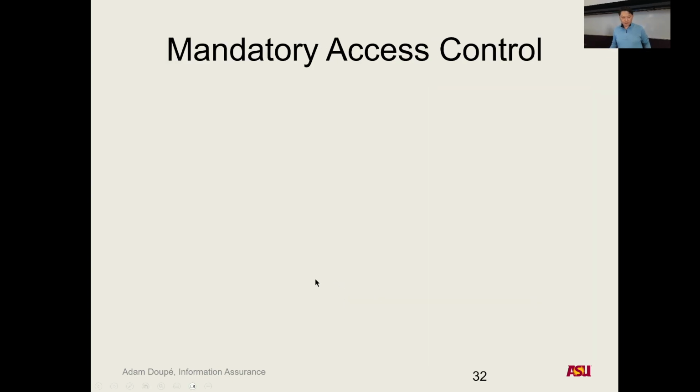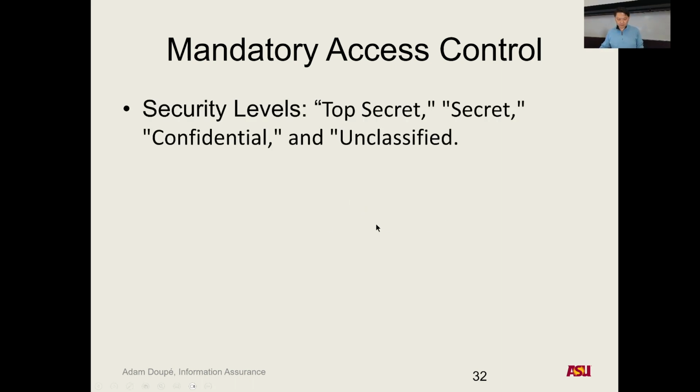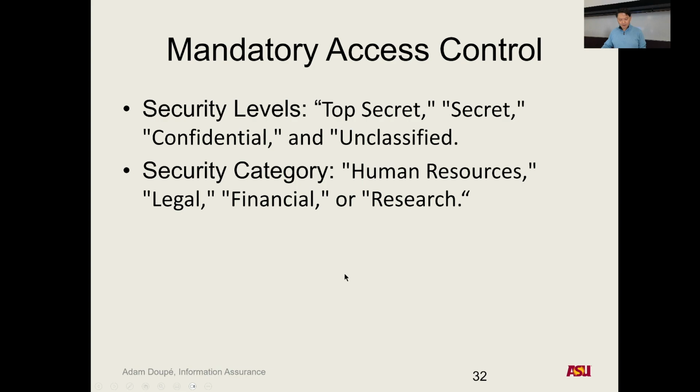Okay, let's break down one by one. The first, the MAC, the mandatory access control. Mandatory seems like strict, right? So in the MAC model, they set the clearance levels, the security levels like top secret, secret, confidential, and unclassified. They can also define the categories, like human resources, legal, financial, research.